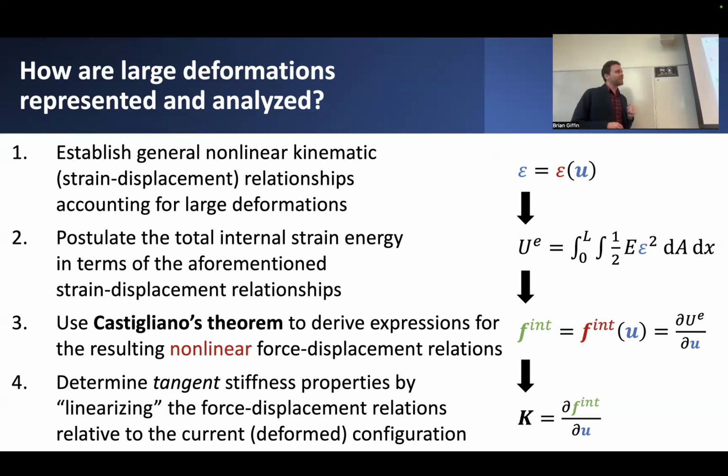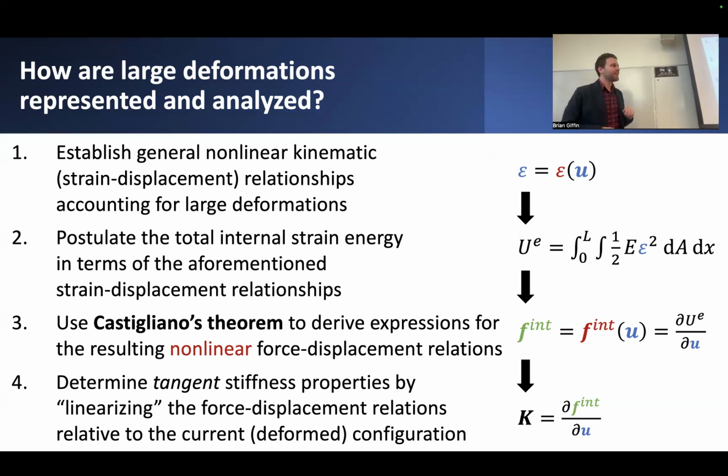From this expression of internal energy, we can use the principle of minimum potential energy, which says that a system in equilibrium achieves equilibrium when the potential energy of that system achieves some minimum state. That's equivalent to taking the first derivative of the total potential energy of that system and setting it equal to zero.